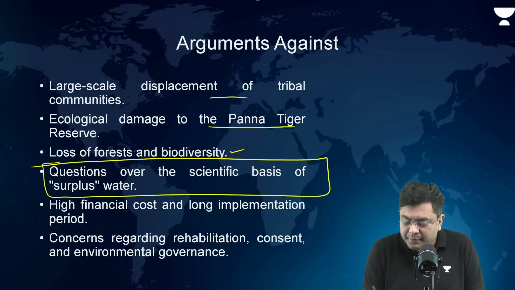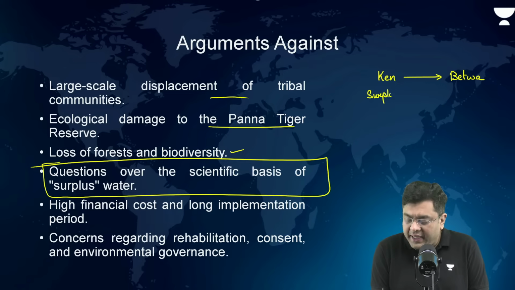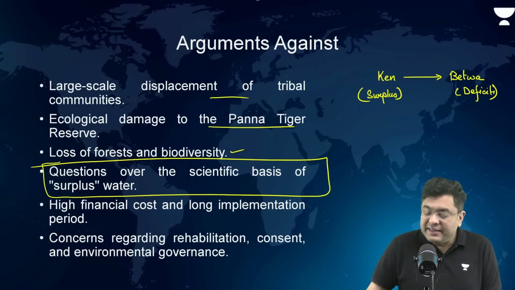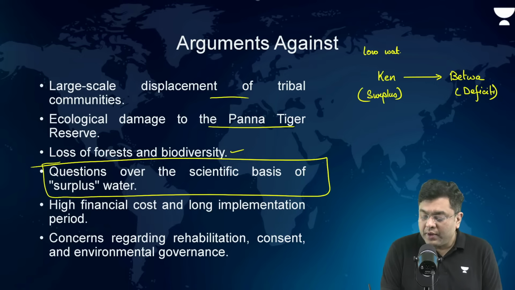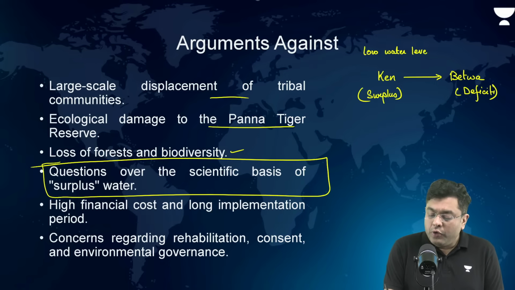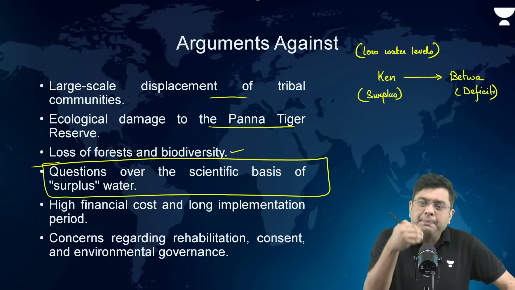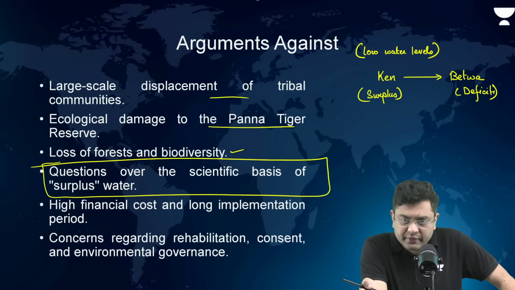Now, as per the project, water is to be transferred from Ken to Betwa. So, Ken is supposed to be surplus and Betwa is supposed to be deficit. But recent records have indicated that the Ken River channel is carrying low water levels due to climate change. So, this has also been cited as the multiplication of dryness.